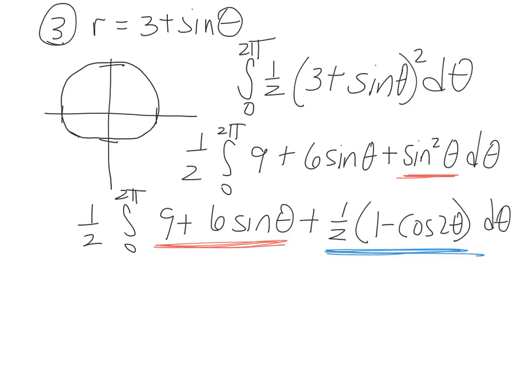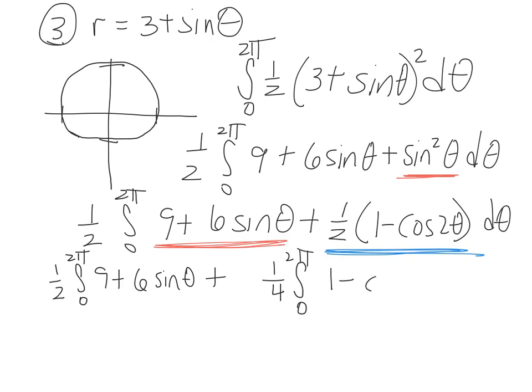So it's going to be 1/2 times the integral from 0 to 2 pi of 9 plus 6 sine theta, plus, for the other one, I still have the 1/2 out in front, but I also have this additional 1/2 pulled out front, so it's going to be 1/4 the integral from 0 to 2 pi of 1 minus cosine 2 theta d theta.